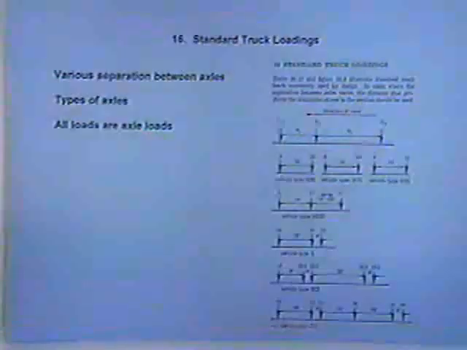And you'll note there on the right-hand side of that page are standard truck loadings, where we look at the different spacing between axles, both longitudinally and horizontally on our pavement surface, and the different configurations that we have.